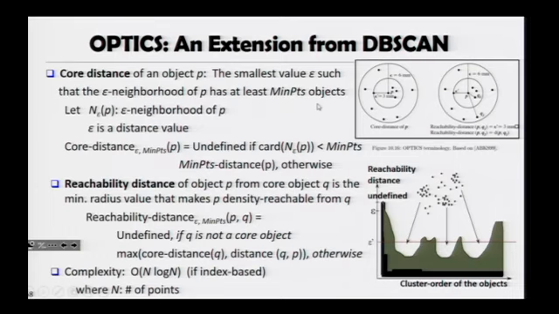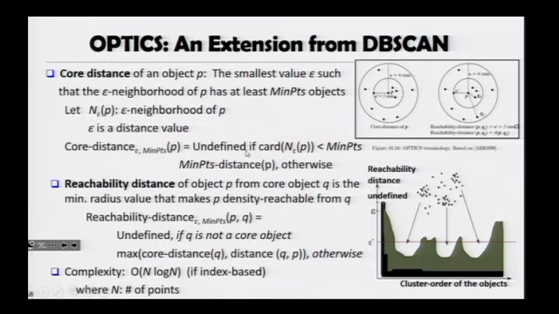In a formal way, if any of the epsilon neighborhoods of the point P has fewer objects than the minimum points, then the core distance for P is undefined. No matter how you tweak epsilon or draw a larger circle, if P is an outlier or a border point, there's no way to satisfy the minimum points requirement, so there's no core distance at all.